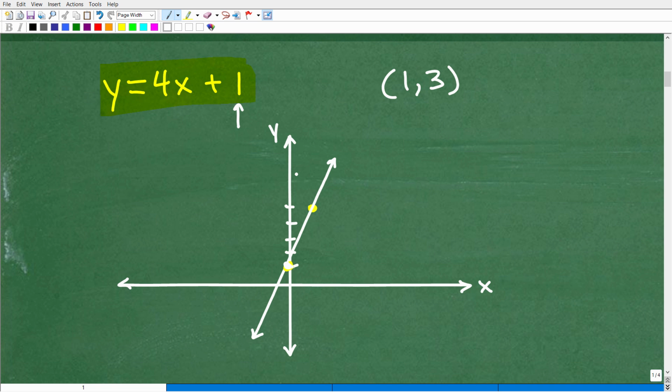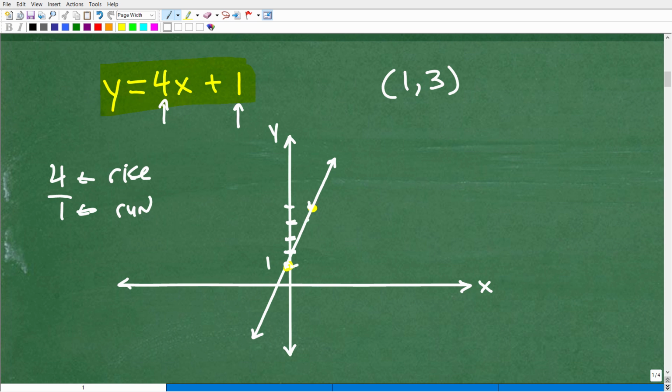This is the y-intercept, the location where the line crosses through the y-axis, and then this is the slope. Here, this is 1, and then the slope is 4, or 4 over 1. So it's going to rise up 4 and run 1. From that y-intercept, we're going to go up 4, 1, 2, 3, 4, and over 1.